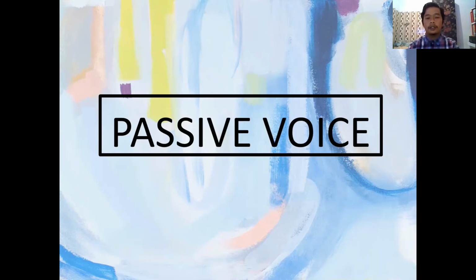From the passive voice we must know the characteristics of the sentence, to know whether it is a passive voice or active voice sentence: the subject or object, and to be plus verb 3, or the participle.